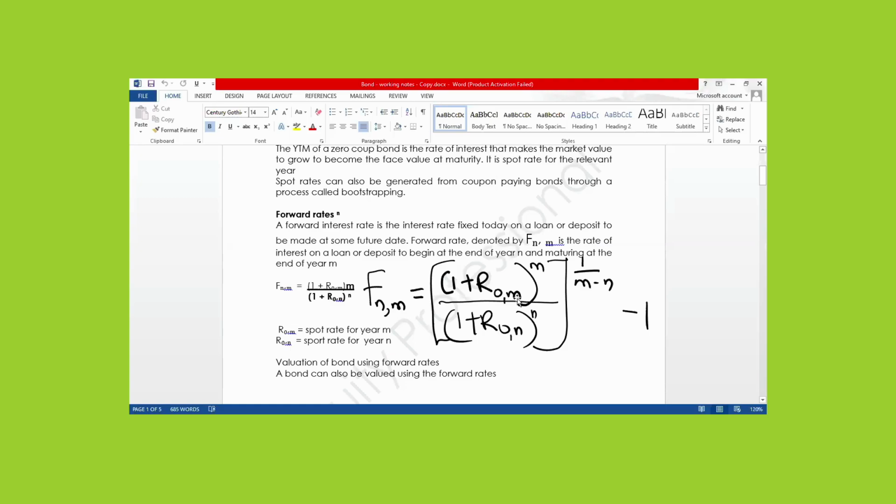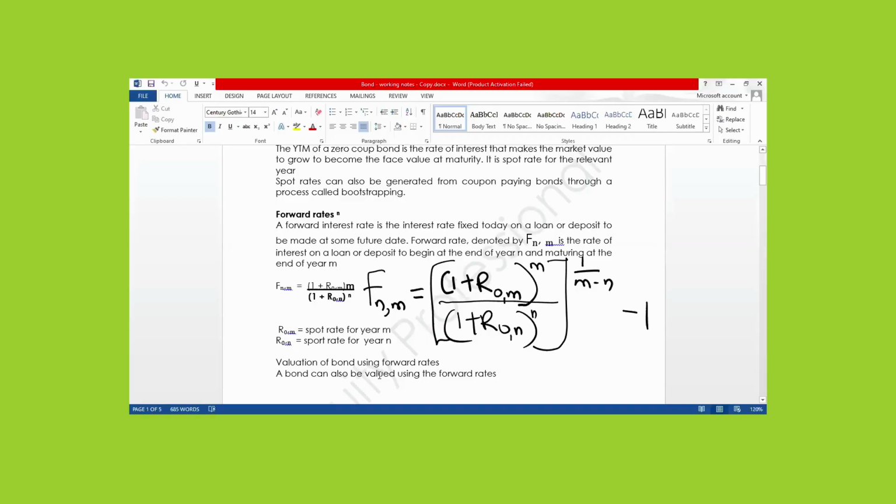R_M is the spot rate for year M. R_N is the spot rate for year N. Year N is the commencement of the forward rate.